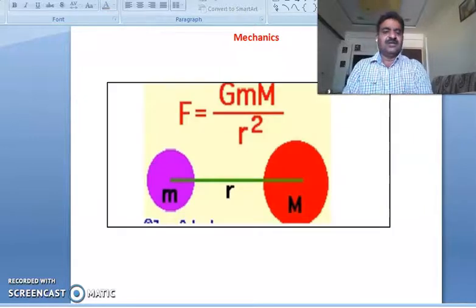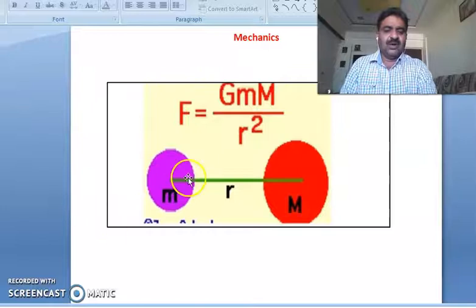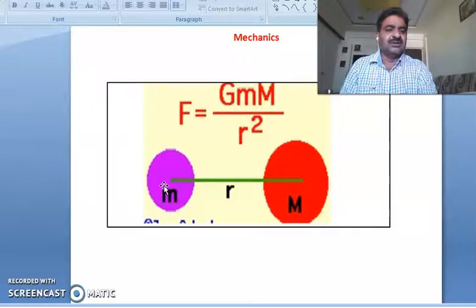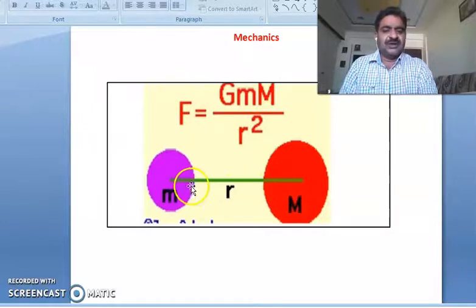Here you see now, one body having mass small m, other body having mass capital M. Or suppose this is the earth and this is an object over the earth. Mass of the earth is capital M, mass of the object is small m. The distance between the object and the center of the earth is again r.